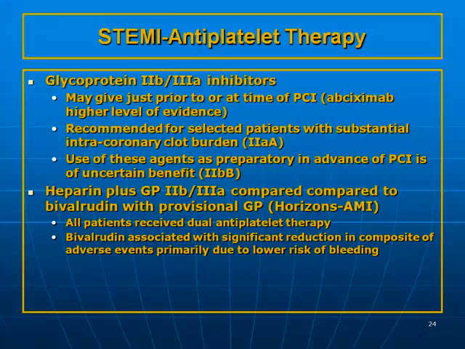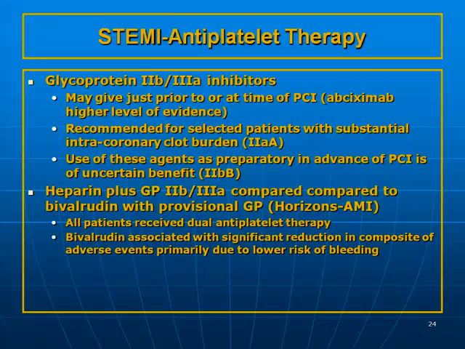So the recommendation really is selected patients with substantial clot burden. Using them routinely is actually now a 2B, level of evidence B recommendation. And so the best evidence is actually with abciximab, but it's not inexpensive. It's the most expensive of the IV antiplatelet drugs.